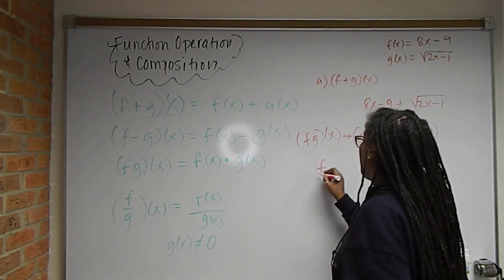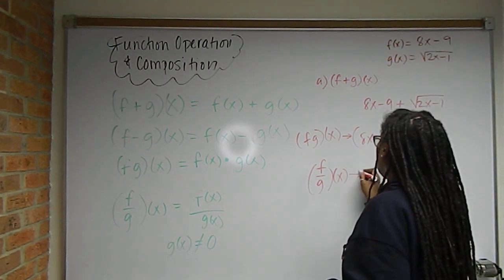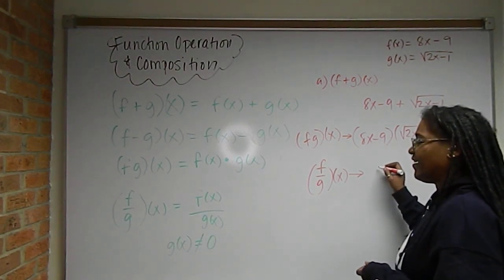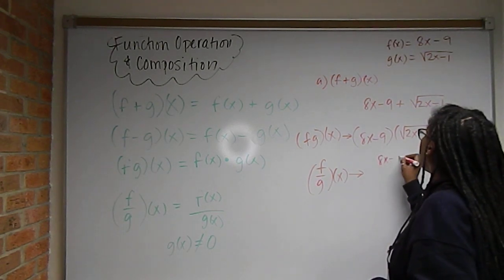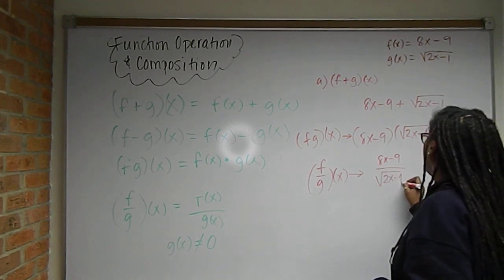And so what's f over g of x going to look like? You tell me. Yes. We got, what is it? 8x minus 9 over the square root 2x minus 1.